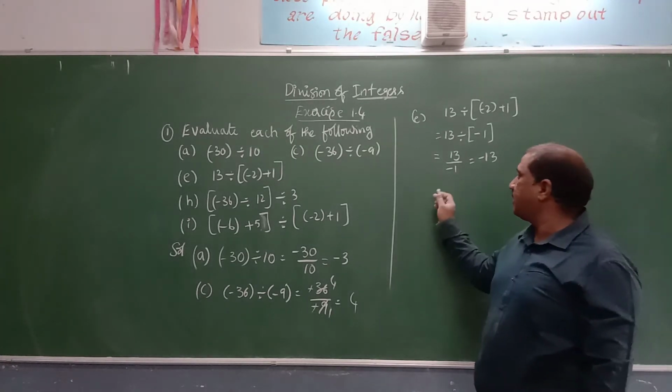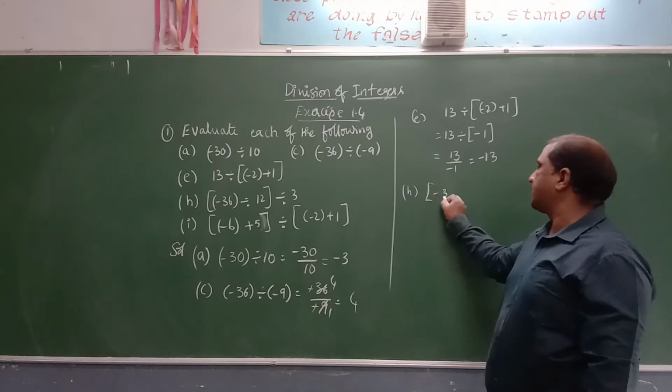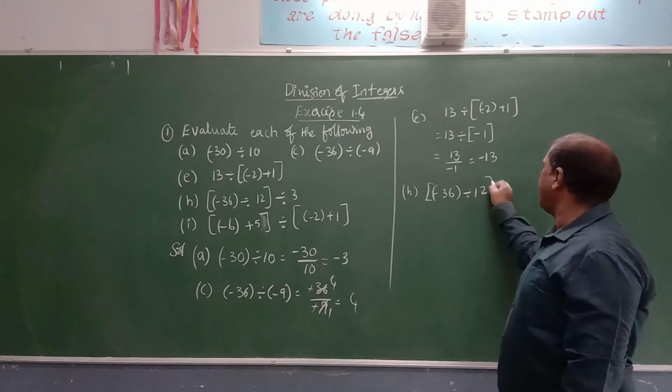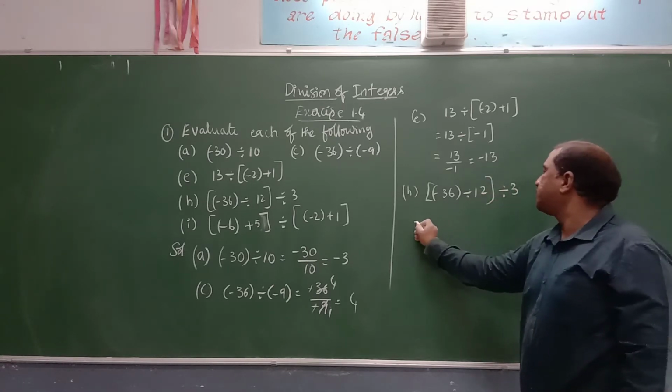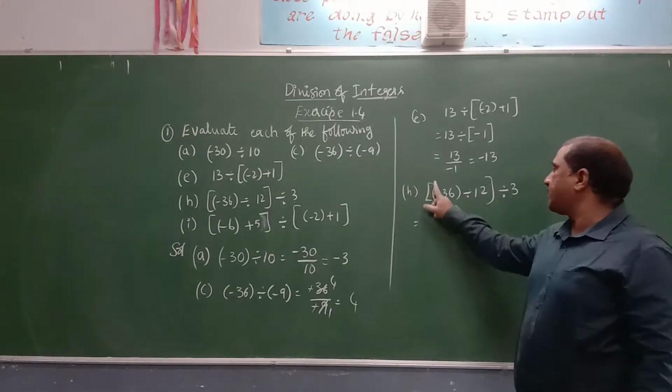Now H: minus 36 is divided by 12, then this quotient is also divided by 3. Again apply the BODMAS rule and simplify inside the square brackets.